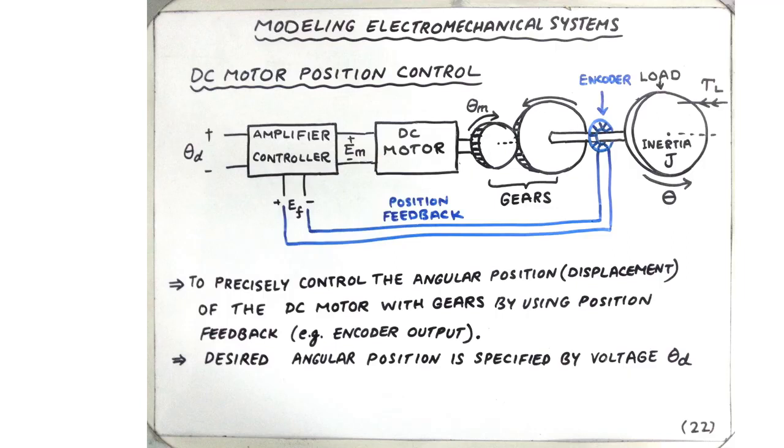The input to the system is again a voltage which is now specifying the desired angular position, that is theta d. So remember, theta d is a voltage that specifies the desired angular position of the motor.